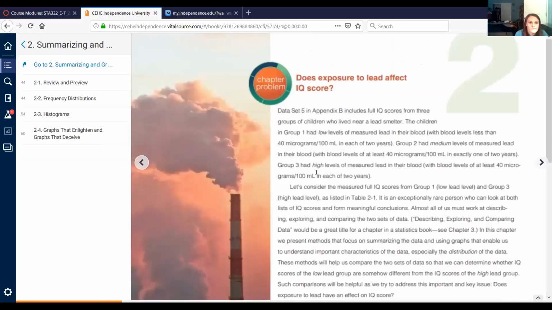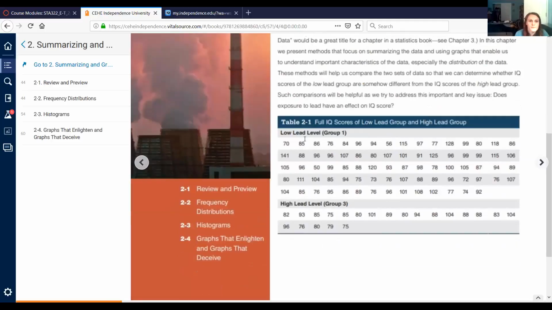Okay. Here is a whole pile of data. You may want to look at it separately, but we're going back to IQ, looking at IQ scores of groups of people, usually children, with low lead exposure and low lead levels in their blood, and another group with high levels.